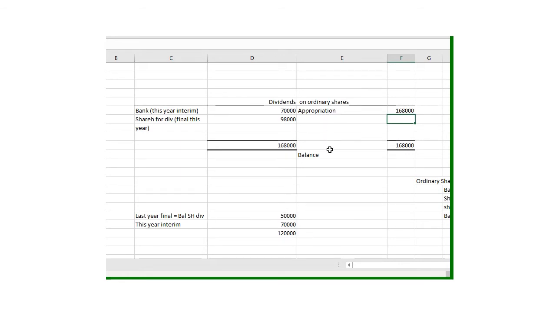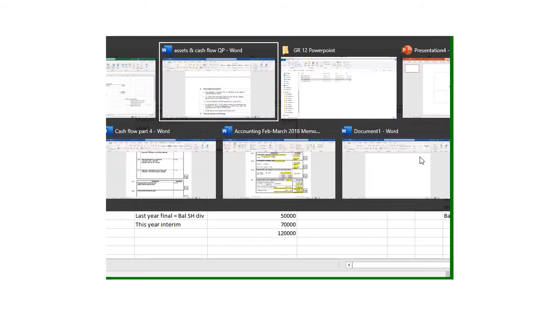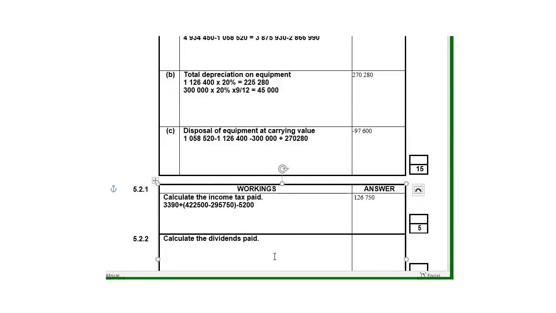You don't have to go through redoing the whole general ledger. It will take too long. But this is just some revision on the actual workings of the account. So I'm simply going to say on my answer sheet: it was last year's 50,000, which was the balance of shareholders for dividends, plus the interim of 70,000, which they told me under the information, which gave me 120,000 in total.